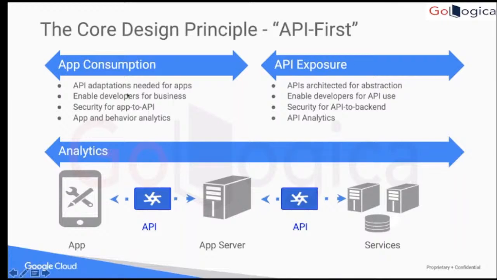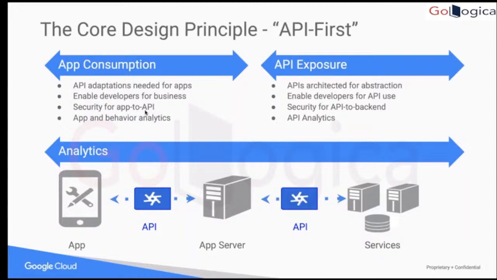As we are talking about these things, another important concept here is security for app to API. If anyone can start consuming an API, they can bombard it with thousands of requests within a second and try to bring the server down, right?